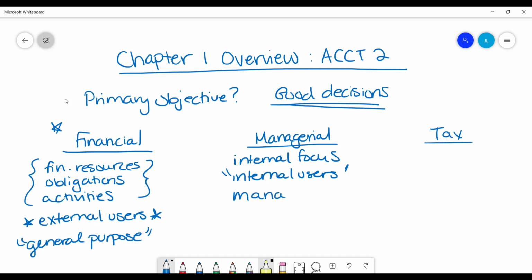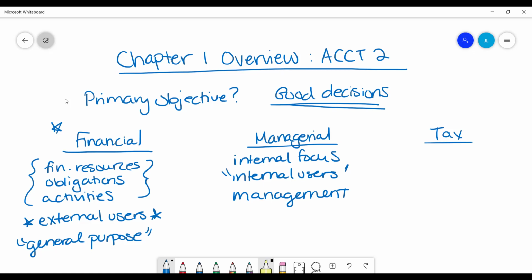Management is the group that relies on this internal information. And the nice thing about managerial accounting information is that it's not general purpose. It can be specifically tailored to management's needs so that they can make their own specific decisions. That's the big difference between financial and managerial accounting information.